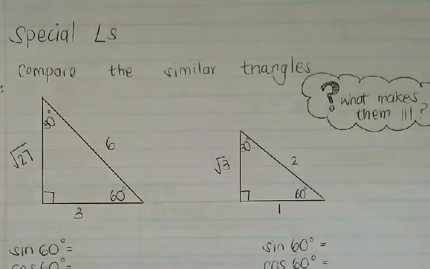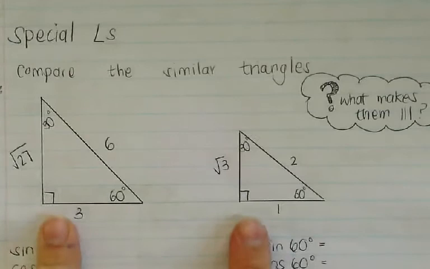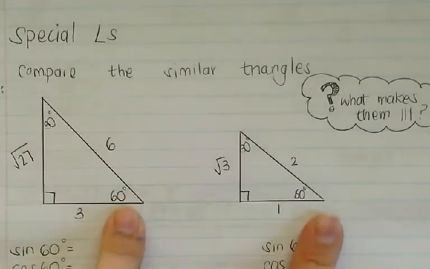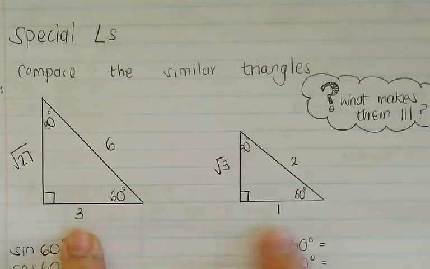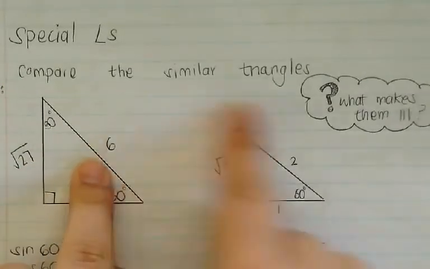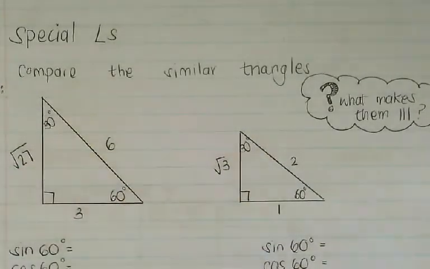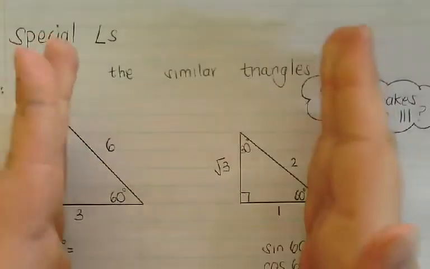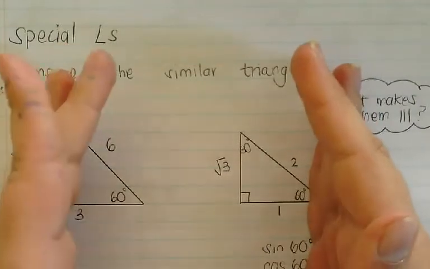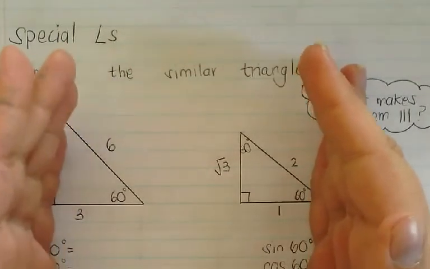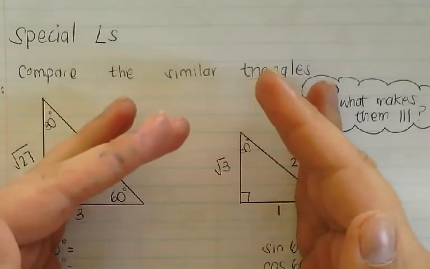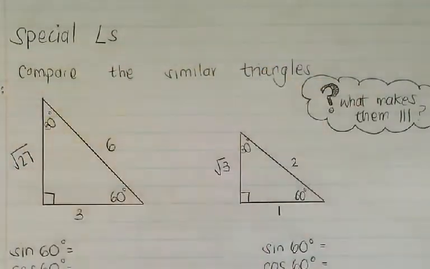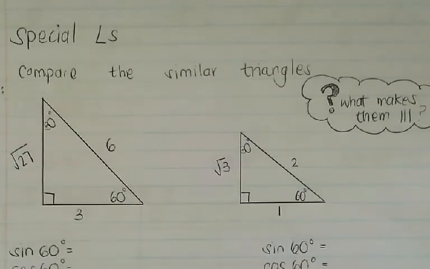So, I can see that I have a 90, a 30, and a 60 in my angles, and this is times 3, that's times 3, and that's times 3. So my triangles are similar. Now I want to check, in these two scenarios, what is my sine, cos, and tan ratios? Remember, we are now dealing with triangles, so we're dealing with opposite, hypotenuse and adjacent, not the plane, so we need to check what's opposite and all of that.